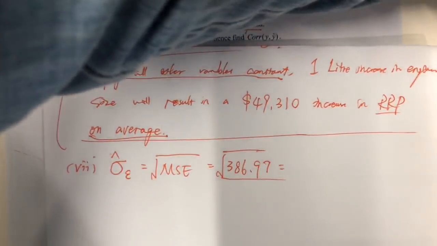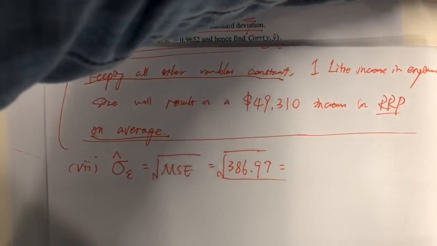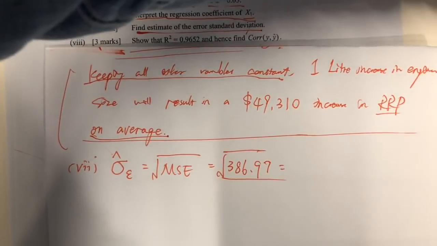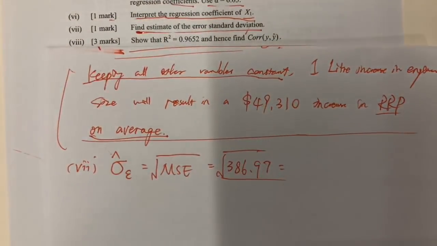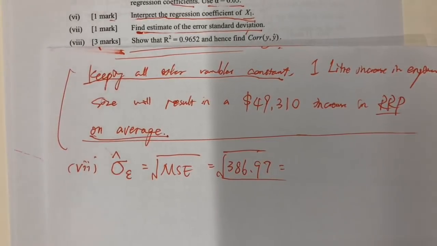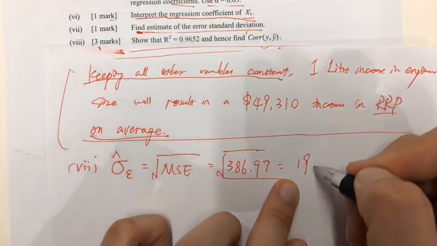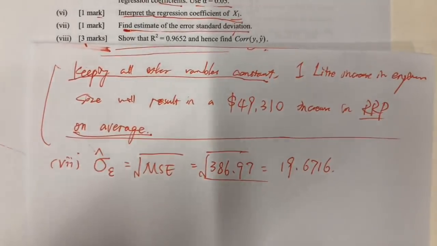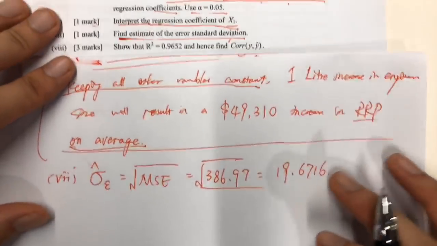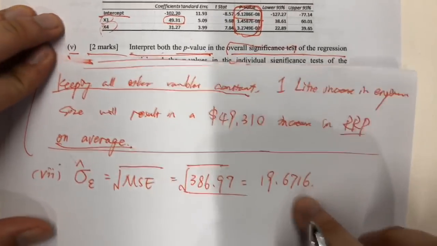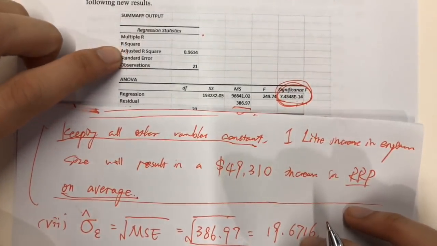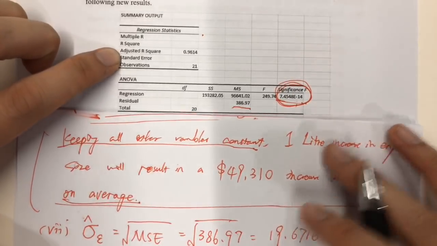So can you please calculate this result for me? Equal square root of 386.97. It's 19.6716. Is that right? Okay. So we know that this value also corresponds to the standard error in the summary output, right?